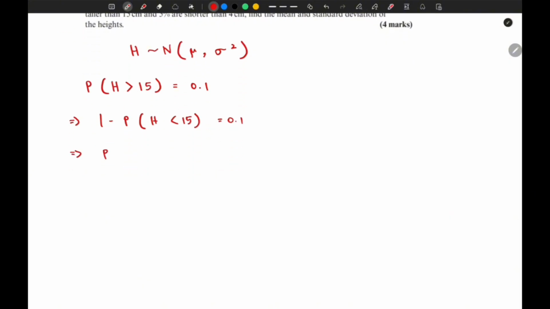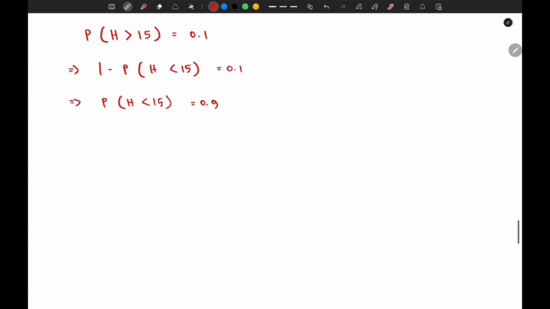If you make the probability the subject, you'll get 0.9. Now, if we go into the statistical table, you'll find that when the probability is 0.9, the value of z is 1.28.